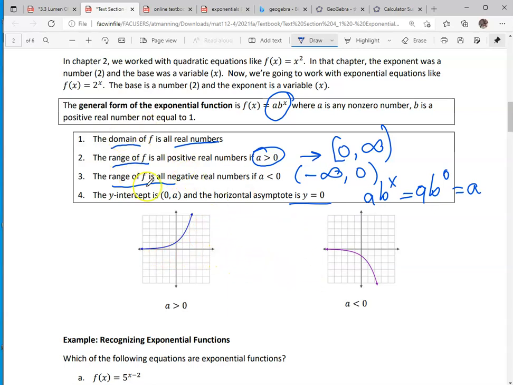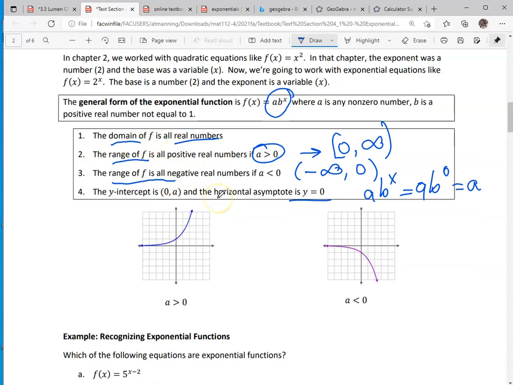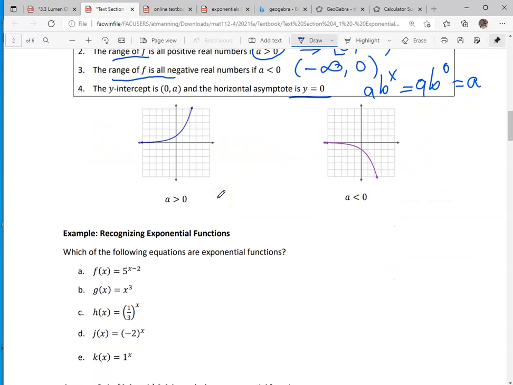So given these rules, let's look at a few questions here. Which of these functions are exponential functions? Remember, exponential means it's in the form of a times b to the x. Okay? Is this an exponential function? 5 to the x minus 2?